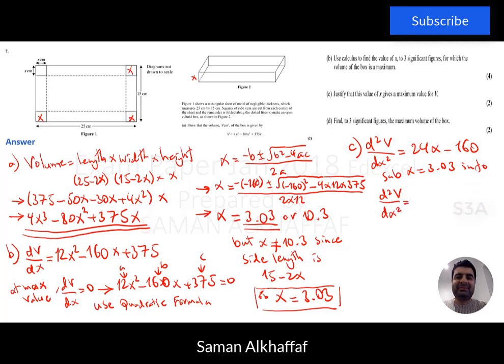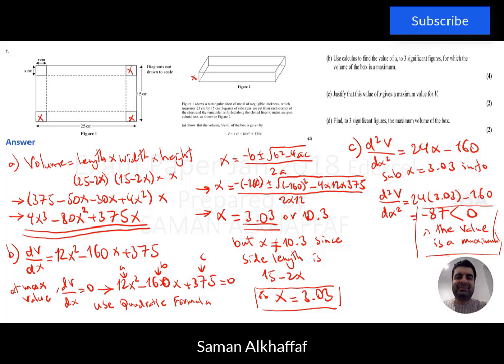So that will give us 24 multiplied by 3.03, take away 160. We will have the value being approximately minus 87, which is smaller than 0. So hence the value is a maximum. So this will be our answer for part C, which is that this value of x gives a maximum value of V.